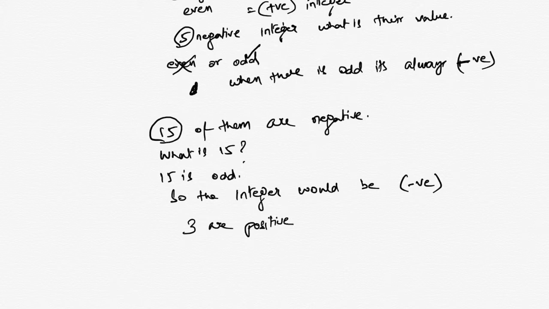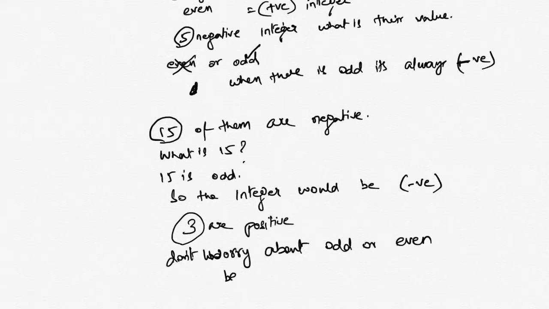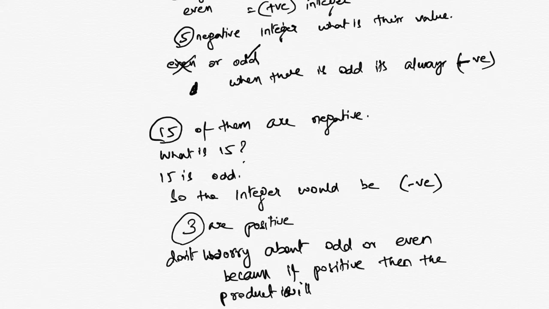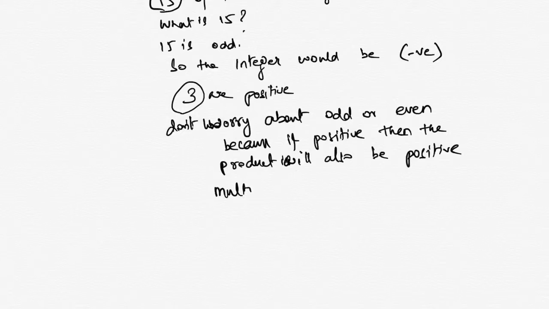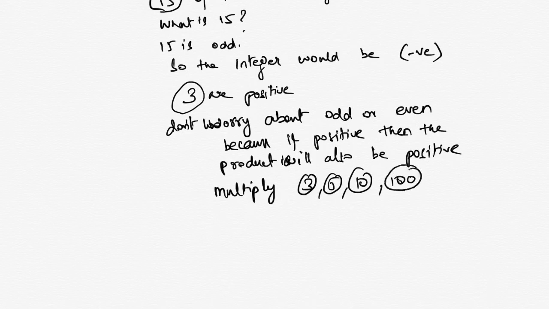So in positive, you don't have to worry about odd or even, because if positive, then the product will also be positive, because if you multiply 3 positive numbers or 5 positive numbers or 10 positive numbers or 100 positive numbers, the result will always be positive.